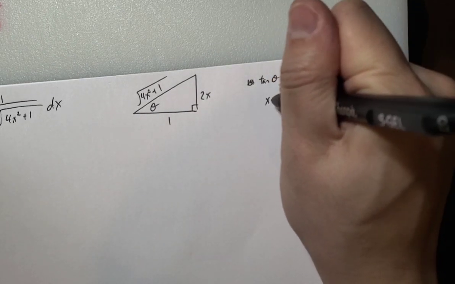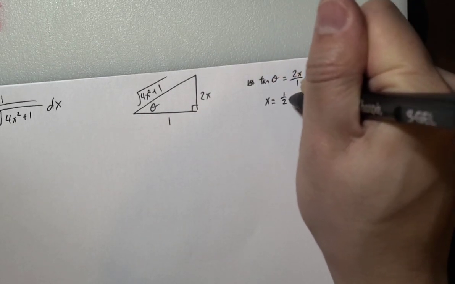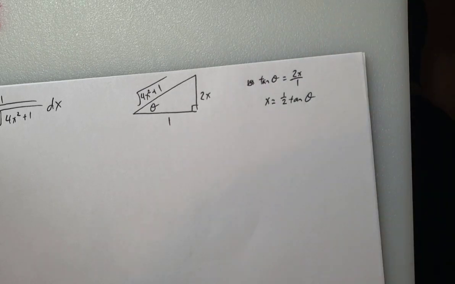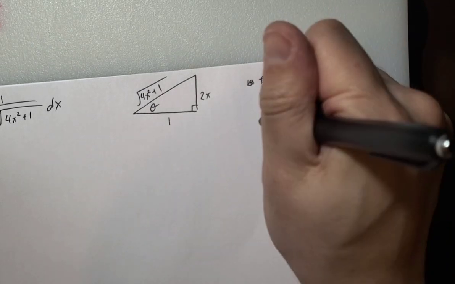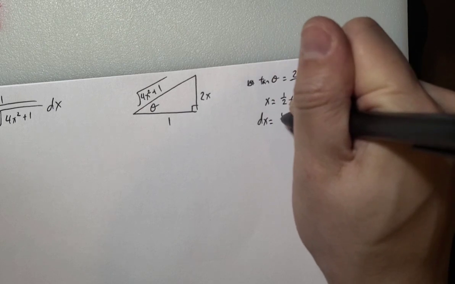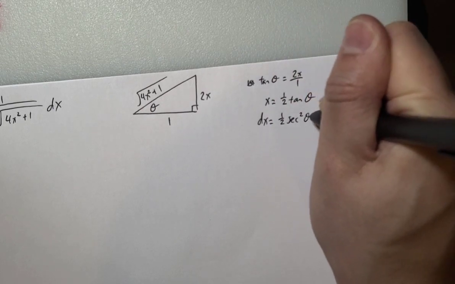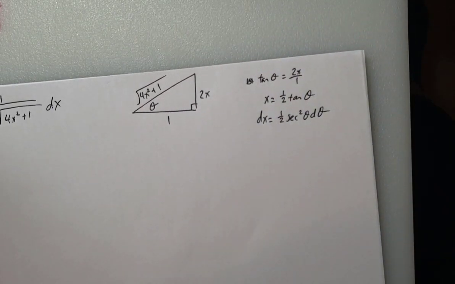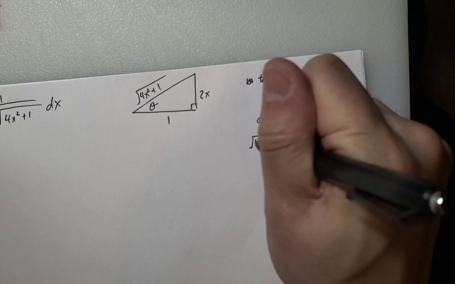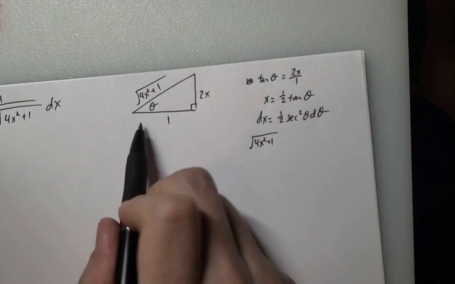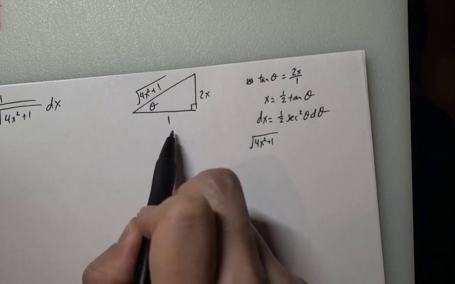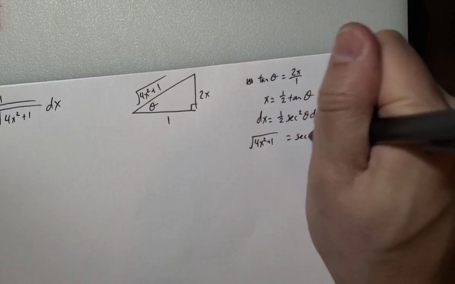So x would be half tangent theta. Okay, so dx would be half secant squared theta d theta. And as always, we can sub in the square root term also. Square root of 4x squared plus 1. What is that? Secant theta is the square root term over 1. So it's just secant theta.